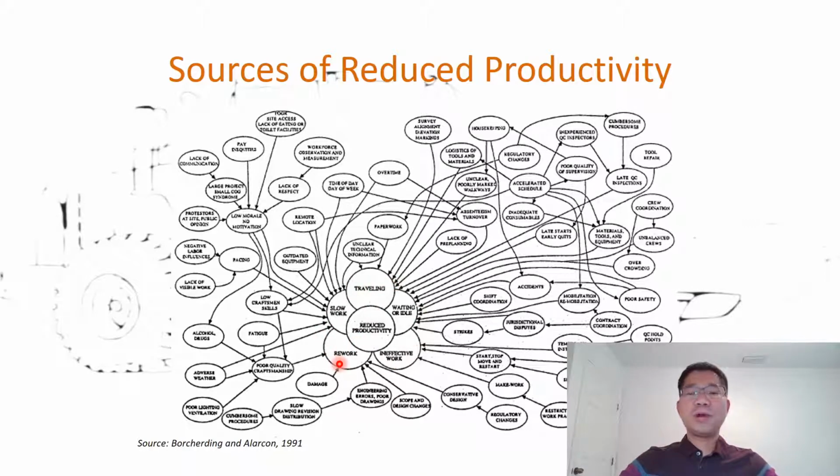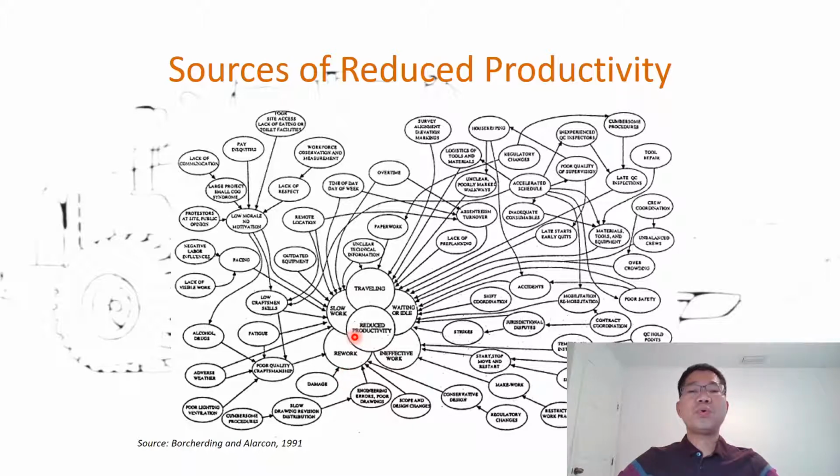The major one is rework, something we have to redo or demolish and redo, which reduces productivity or increases inefficiencies. Then there is slow work, traveling back and forth, waiting, or idle work. We are supposed to work, but we just stand there waiting for the work, waiting for instruction. All of that is considered reduced activity, and many factors affect those major factors.